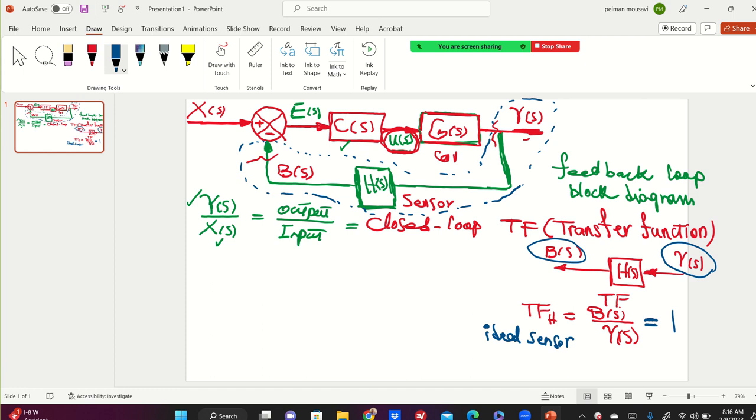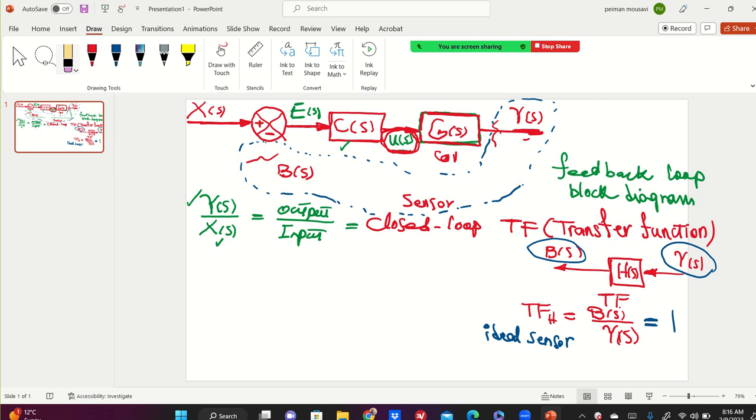Yes, exactly. If you have an ideal sensor, your B of S is your Y of S. Unless you have some noise affecting, like dust. Suppose you have dust sitting on the temperature sensor of your room, and the measured temperature has some noise. But typically in this course, we assume that you have an ideal sensor, so the transfer function is 1.